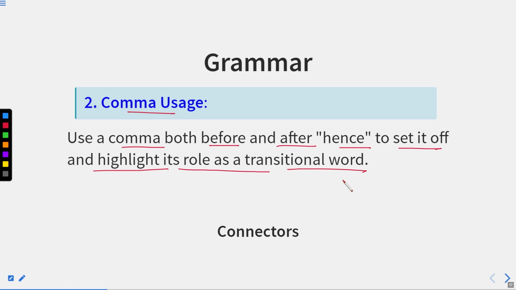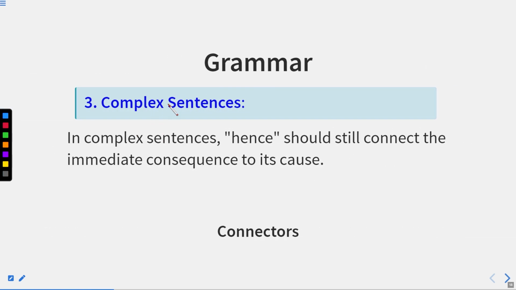Now, one more thing to be remembered over here is the use of comma. Now, use of comma or the punctuation marks will not be asked in exams like SSC and banking, but there are several exams in which punctuation questions can be asked. So this will be helpful over there. Complex sentences.